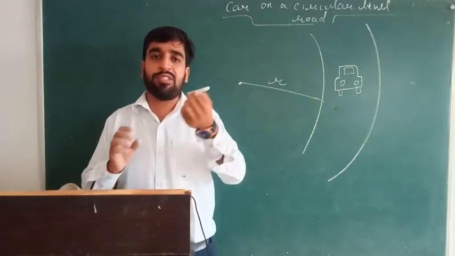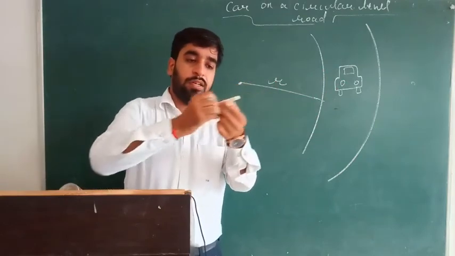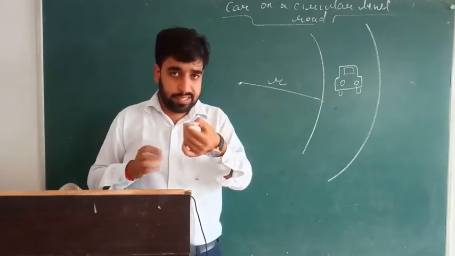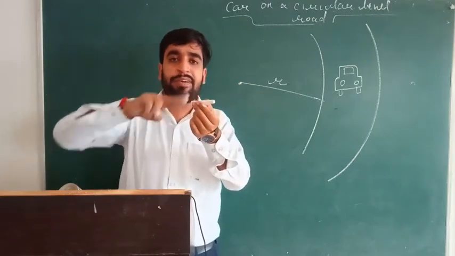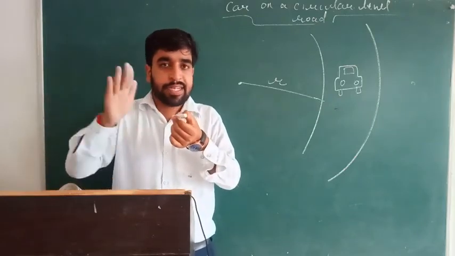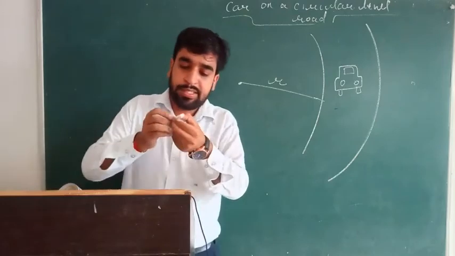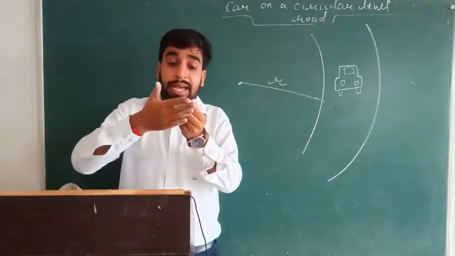For example, suppose this is a car and I am turning it here. While I turn it in this direction, I will feel a certain force which skids our tires away from this circular frame.